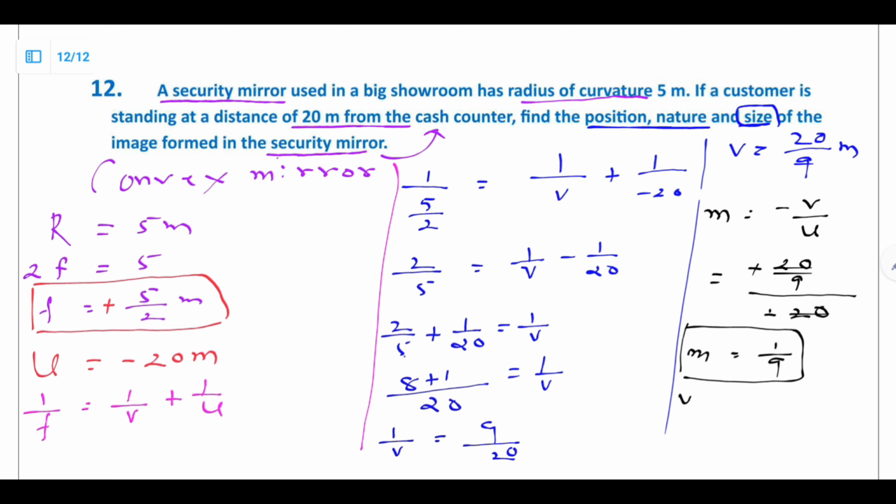Plus means virtual erect, and 1 by 9 means less than 1, it is diminished. You know, a convex mirror always forms images between pole and focus. So the size of the image is diminished, and the position of the image is between pole and focus. What is the nature of the image? Virtual and erect.